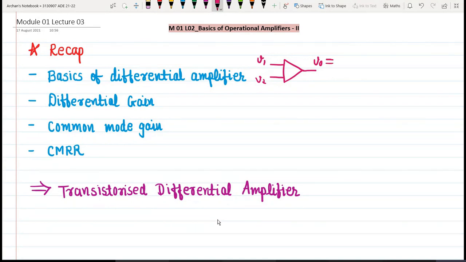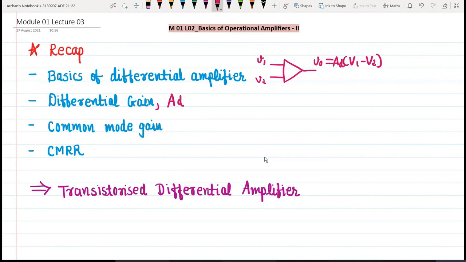V0 is nothing but the difference between the two inputs, V1 minus V2, multiplied by its gain, which is known as the differential gain, denoted by AD. This AD is the constant of proportionality with which the differential amplifier amplifies the difference between the two input signals, and this is why it is called differential gain.